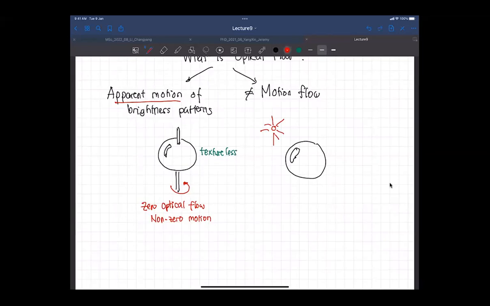It's textureless, but there is a specularity here. Or maybe a matte object is also fine. Assume it is a matte or diffuse object, without glossiness, without specular reflection.